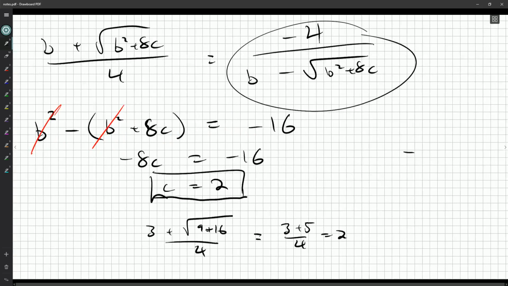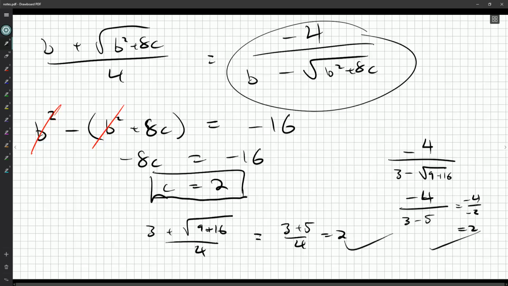And then negative 4 over 3 minus the square root of 9 plus 16 would be negative 4 over 3 minus 5, which would be negative 4 over negative 2, which is 2. So yeah, okay, these formulas do work.